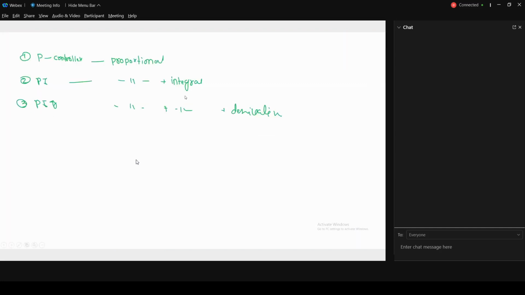The proportional controller has the mathematical expression m of t is equal to Kc into epsilon of t plus m s. Yes. So let me explain this equation.